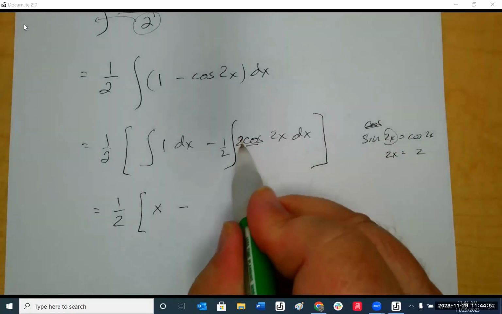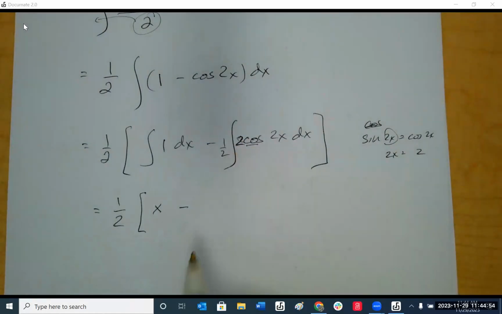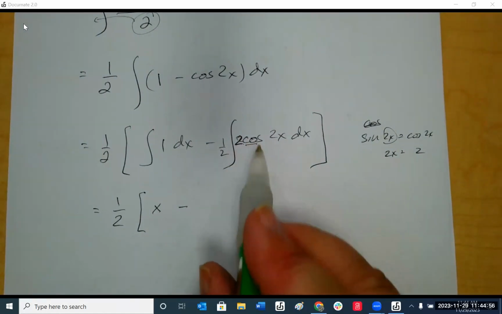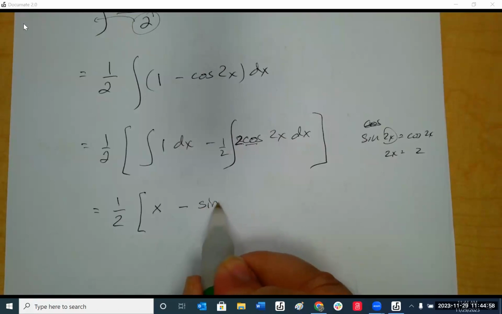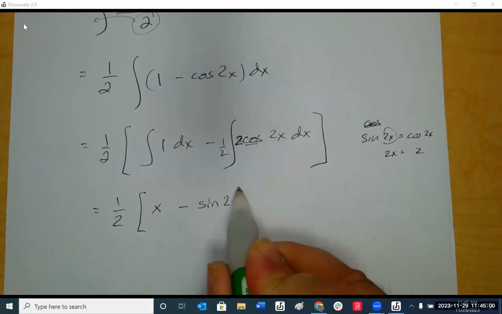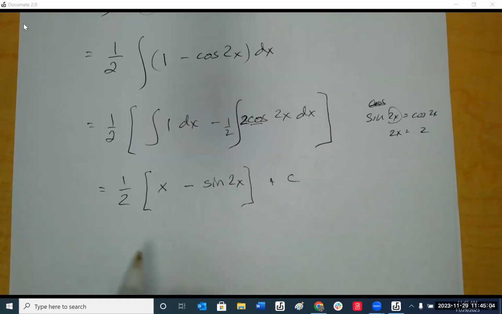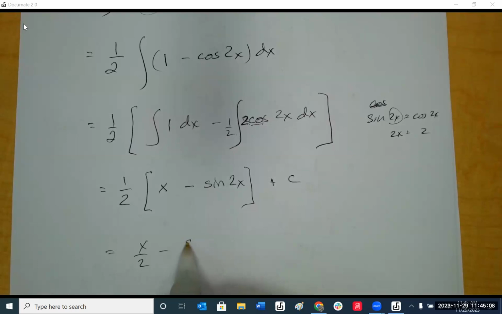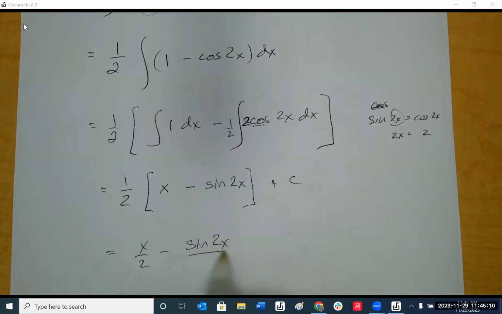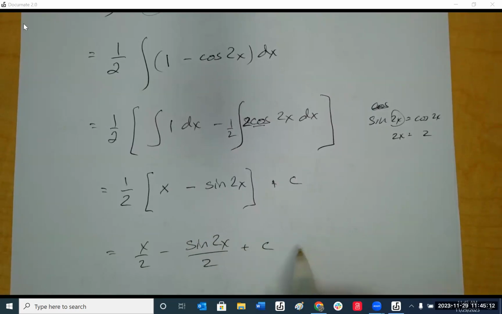So we're missing a 2. So the integral of cosine is sine 2x plus c, which is x over 2 minus sine 2x over 2 plus c.